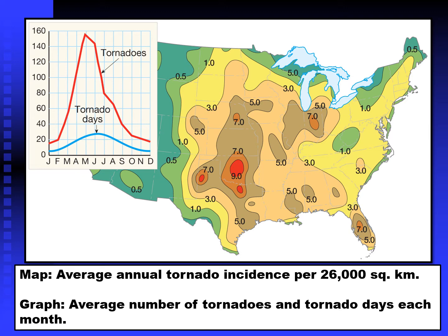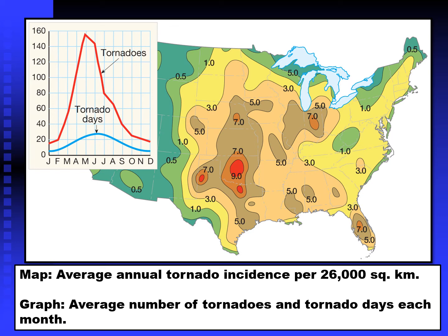Okay, so this is actually a really old map. I mean, this comes from the version of the textbook that we were using when I first started teaching this class, which is probably 11 years ago. So yeah, this probably needs to be updated. But this is a map of average annual tornadoes per 26,000 square kilometers.